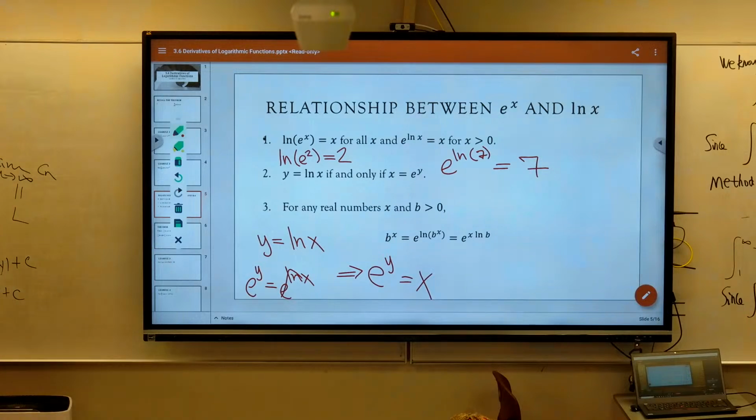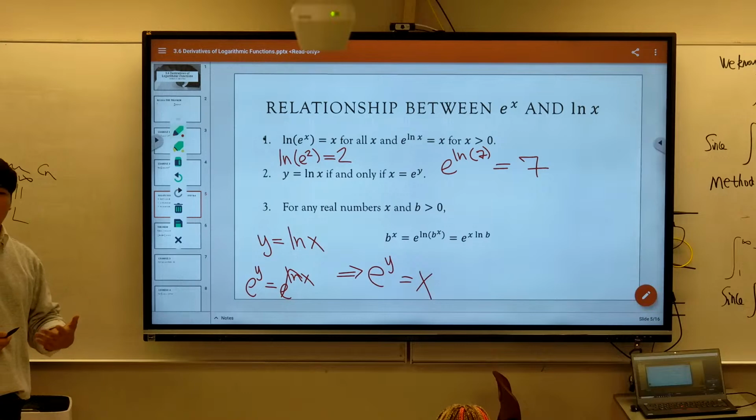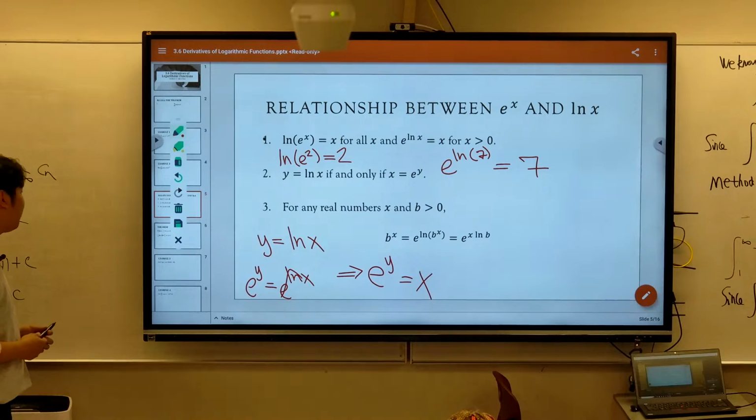So this is just more or less of a recap of algebraic properties of logarithms and exponential functions, particularly logarithms. So here's the reason why. I'm going to go ahead and derive the derivative of the natural log of x.